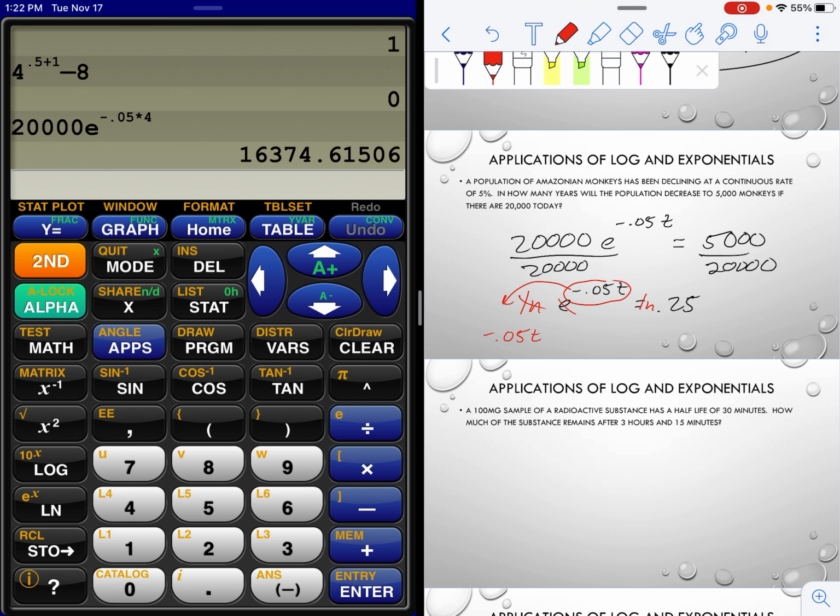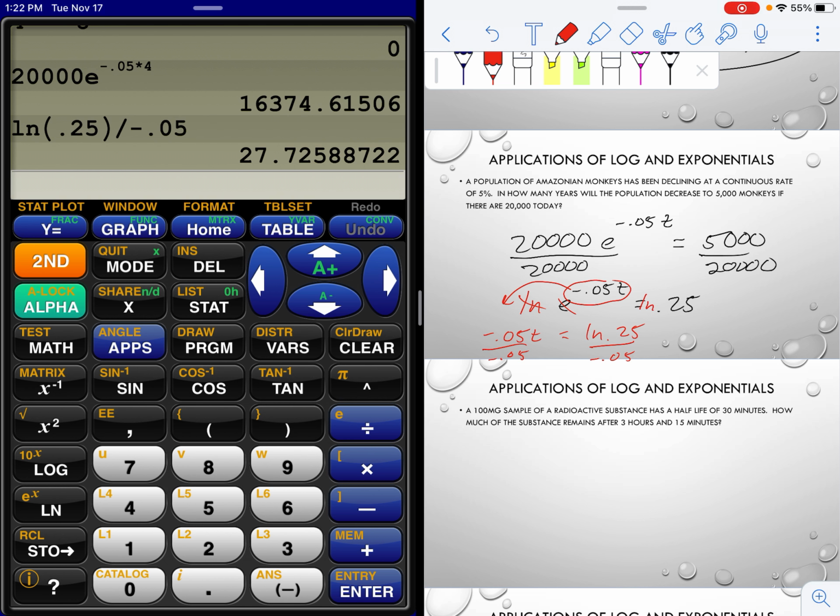Natural log undoes the e. And then we divide by negative 0.05. So we do the natural log of 0.25 divided by negative 0.05, and we get 27.7 years.